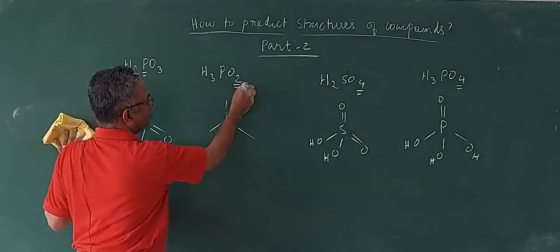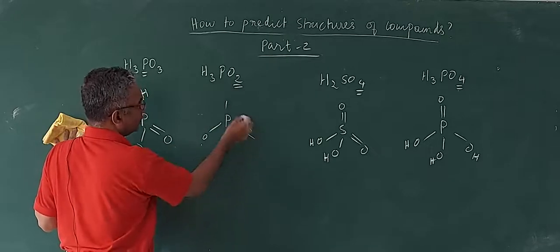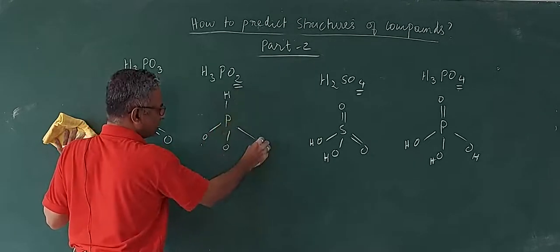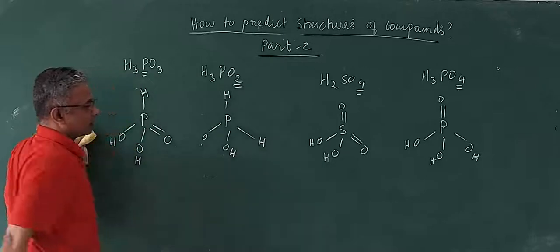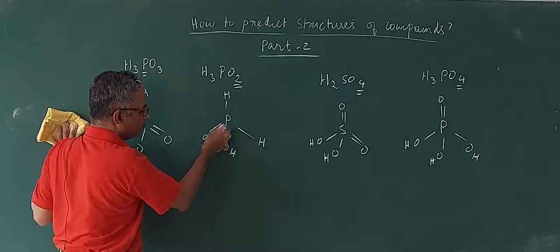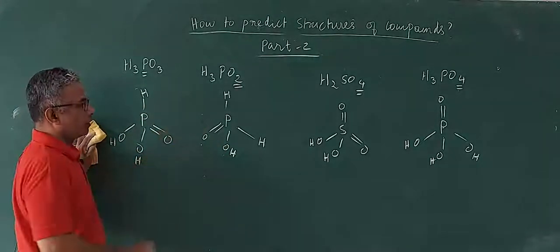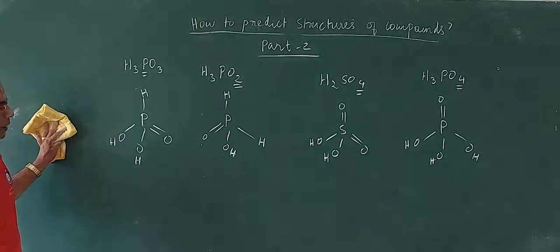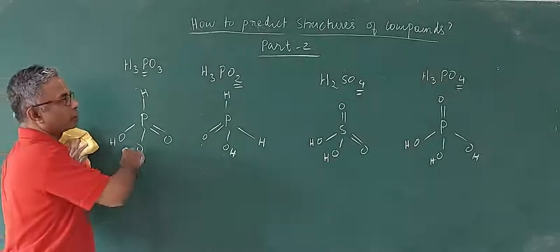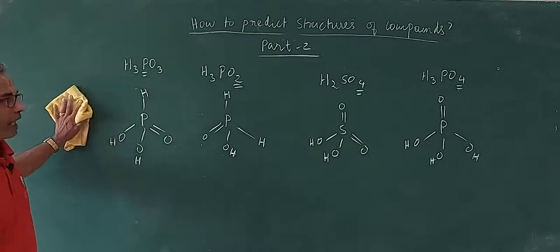Similarly, here you see there are 2 O's, 1, 2. Hydrogen is 3, but if you put H on both, these 2 will be empty, therefore first you have to put H on P, then only put H on the oxygen. Now, phosphorus will have 5 bonds, the 5th bond will be put to the oxygen. So, this will be the structure of H3PO3 and H3PO2. So, this is one easier way of writing the structure of any oxy acids.